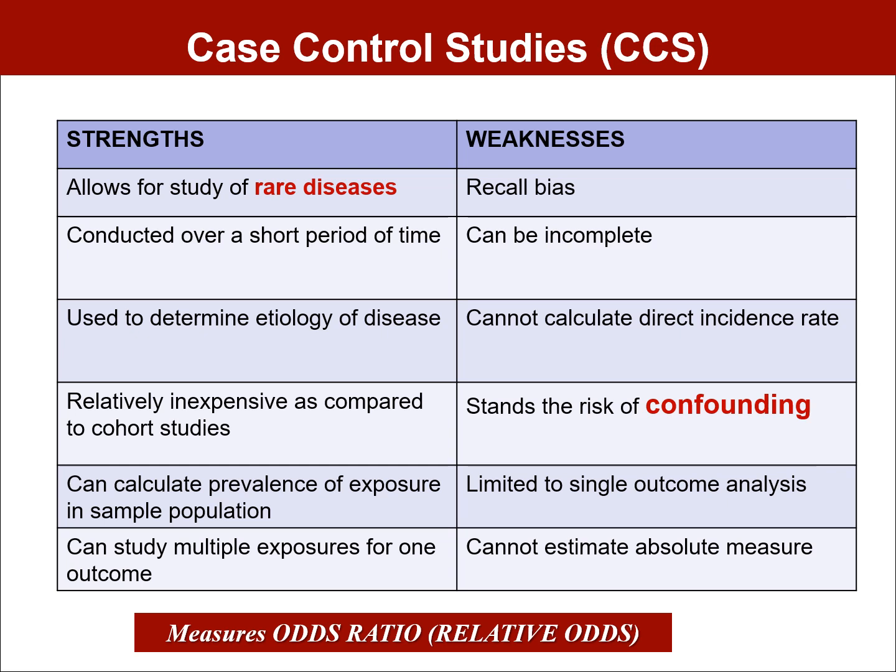So going back to case control studies, compared to cohort and experimental study designs, it's relatively less expensive, but could still be expensive. You're also able to calculate prevalence of exposure in the sample population. So be careful here. In the event you get a question asking, what measure of frequency can you compute or estimate from a case control study?